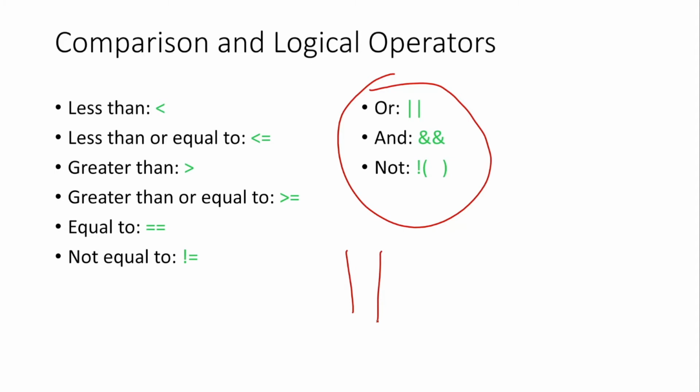Then for and, if you want to say if this and this is true, meaning that both conditions have to be true for the and to return true, you do 2 of the and symbols.